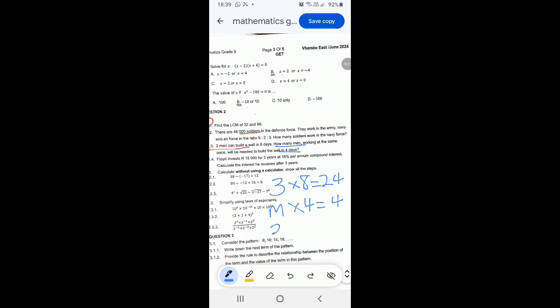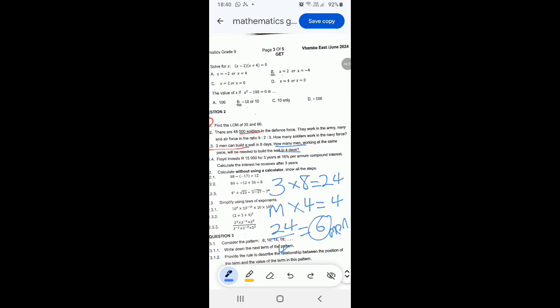We say 24 divided by that 4. 24 divided by 4 is 6. 6 men. How do I know? Because if you say 6 times 4, you're going to get 24. Your answer is 6 men.